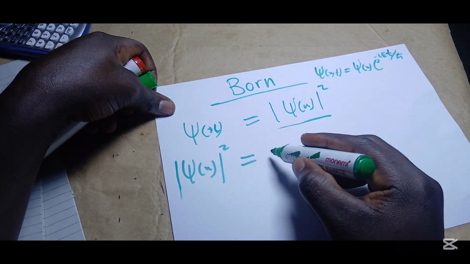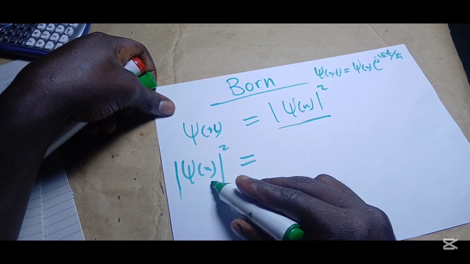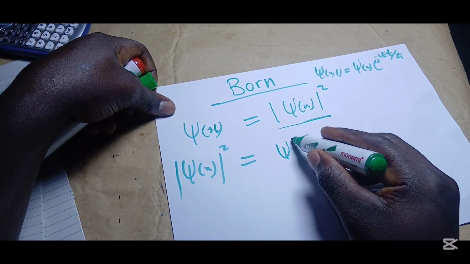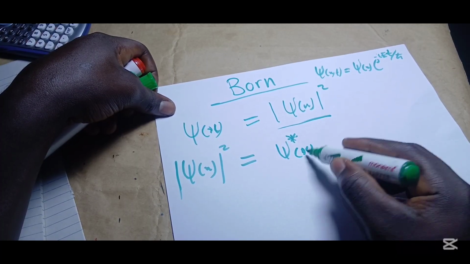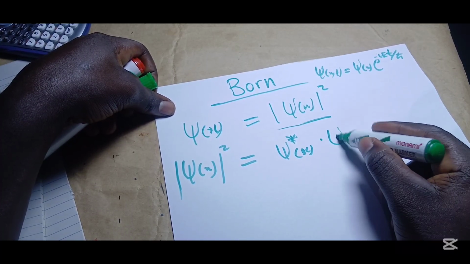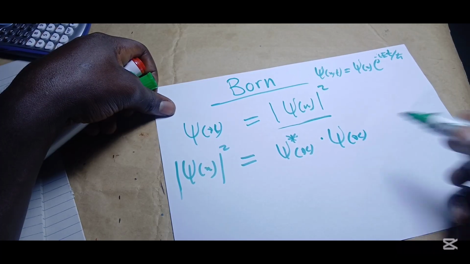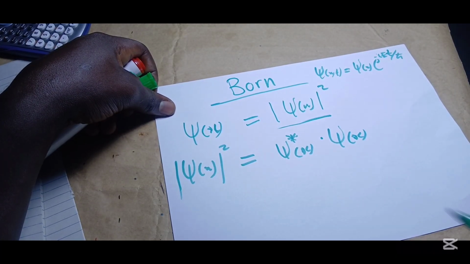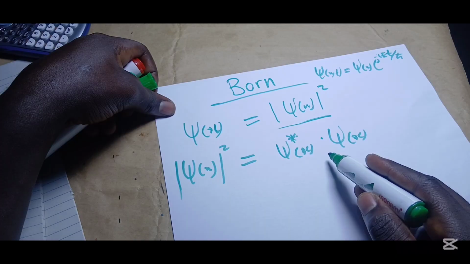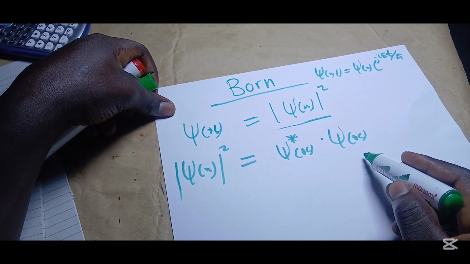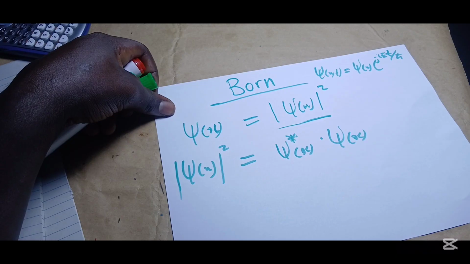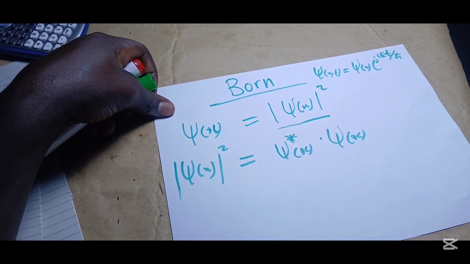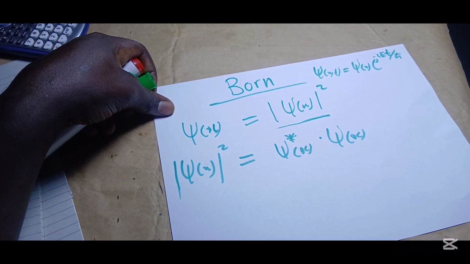So the absolute square of the wave function equals the complex conjugate of the wave function multiplied by the wave function itself. So the absolute square of this is the same as this. No matter whether it is written this way or that way, it's all about probability density, the probability of finding an electron in the system.